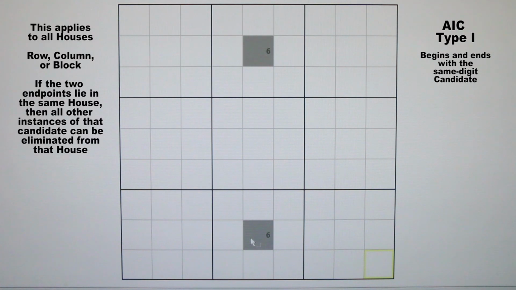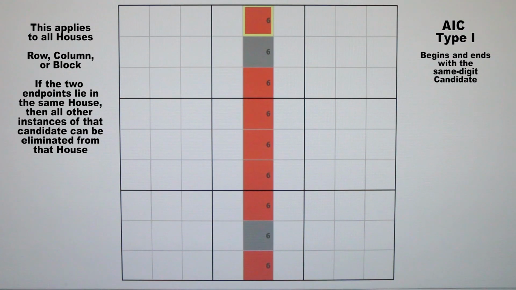So this is possible, and when this happens, there can be up to 7 eliminations, and those cells are every other cell in that house. If they contain a 6, they can be eliminated as false. They cannot be true, because the 2 gray 6s are the endpoints of our chain, and one of them must be true, which means all the rest of the 6s in that house are false.